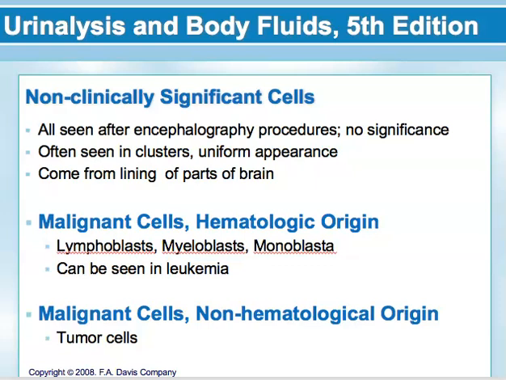A lot of times you'll see them appear in clusters. They'll have a uniform appearance. They come from the epithelial lining of different parts of the brain. Malignant cells of hematologic origin could be lymphoblasts, myeloblasts, monoblasts, which can be seen in leukemia. And then other malignant cells, non-hematological origin, would be tumor cells.